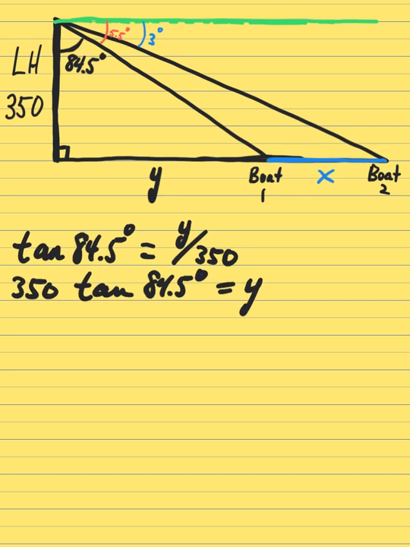Okay, now this is just the y value from the lighthouse to boat 1, 350 tangent 84.5. All right, so I'm getting, and I'm going to round this to about 3 decimal places just to hang on to some accuracy, 3634.889.